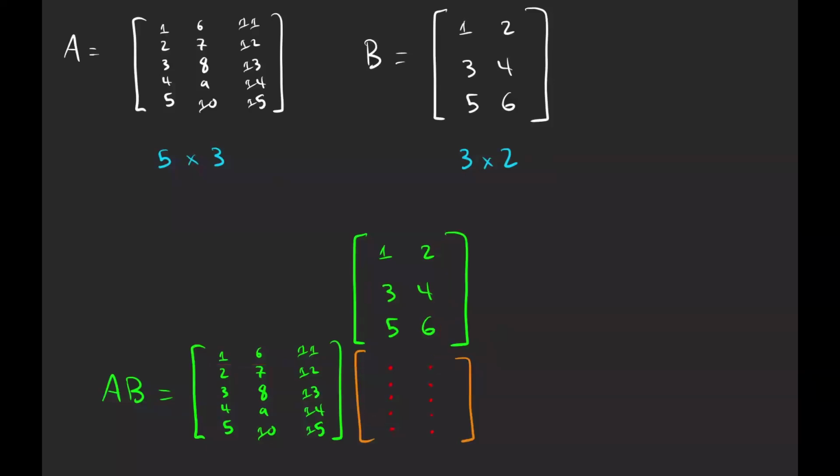The resulting matrix here, you can see it is a 5 by 2, right? So this is actually a 5 by 2 matrix that has 5 rows and 2 columns, right?